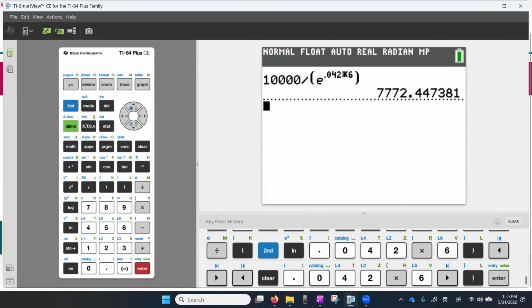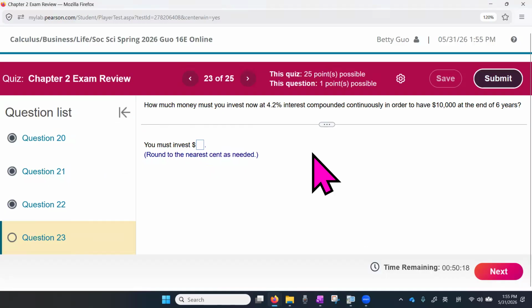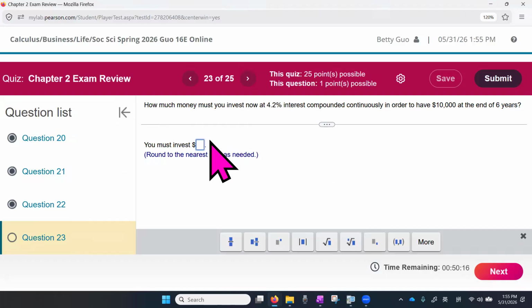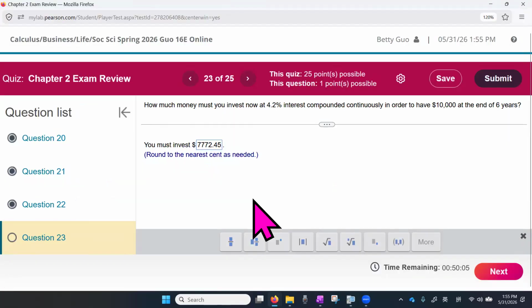Let's see. Nearest cent. That makes sense, right? You want 10 grand 6 years ahead, you have to put in almost 7,000, yeah, $7,772.45. That makes sense.